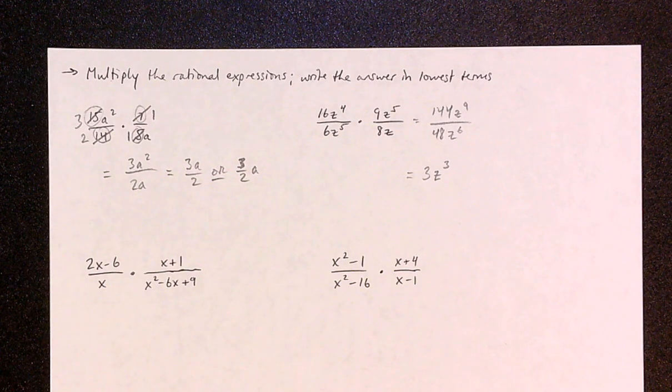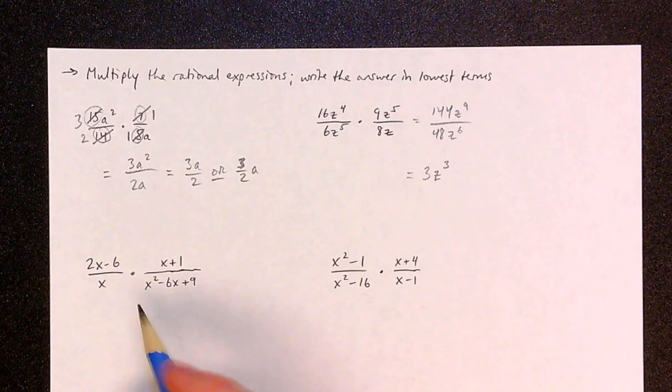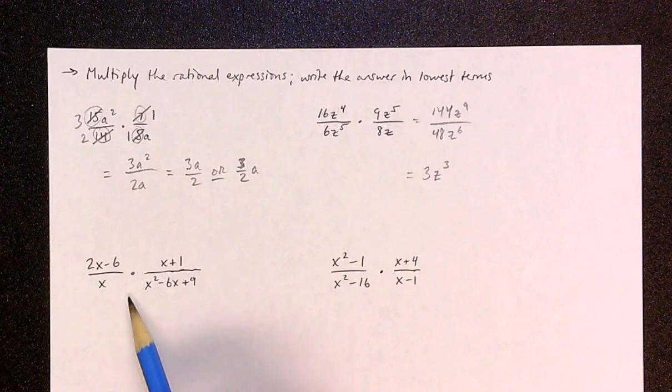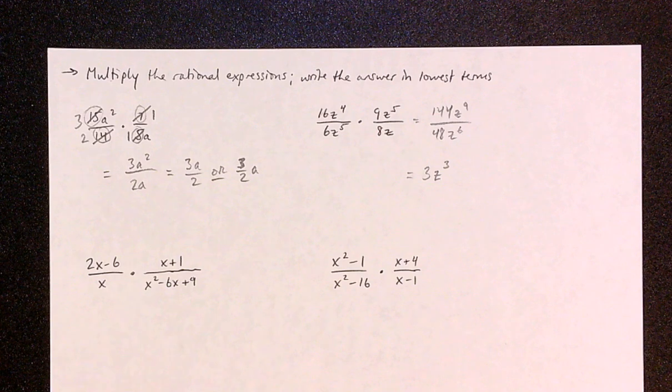So those were a couple nice basic samples. Some things that are a little bit more involved, though. Things like this: 2x minus 6 divided by x times x plus 1 over x squared minus 6x plus 9.